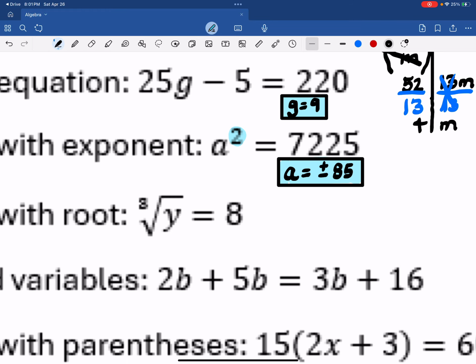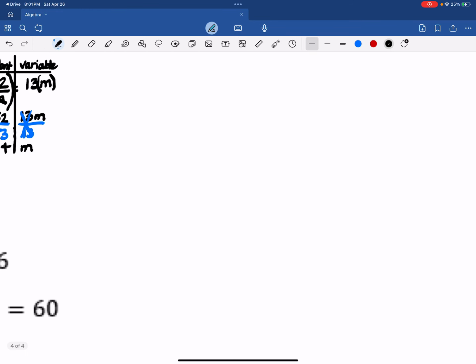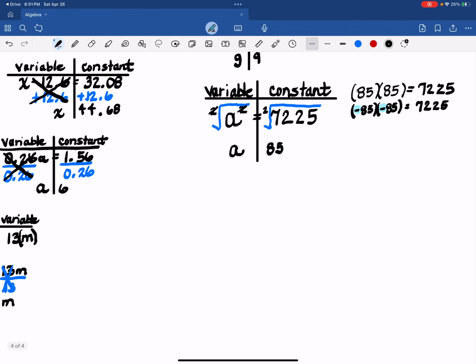All right, on this one, we have the cube root of y is 8. So the equation is the cube root of y equals 8. Your rules never change, and you can never break them. The variable is sitting here. It's the y. And the constant is sitting here, the 8.